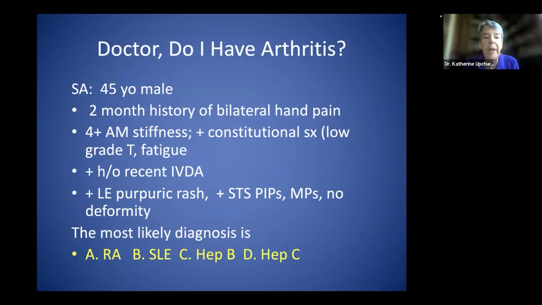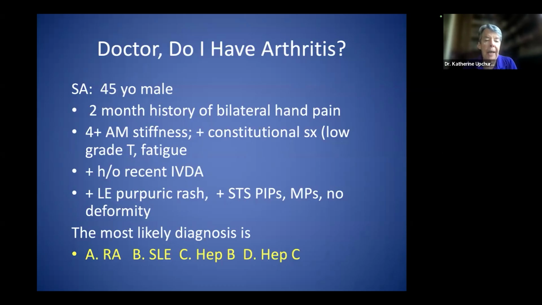So let's go back to our patient. Doctor, do I have arthritis? So he is a 45-year-old male, history of IV drug abuse, history of bilateral hand pain with apparent inflammatory arthritis involving his MCPs and PIPs, and he had a lower extremity rash, which was typical of leukocytoclastic vasculitis.